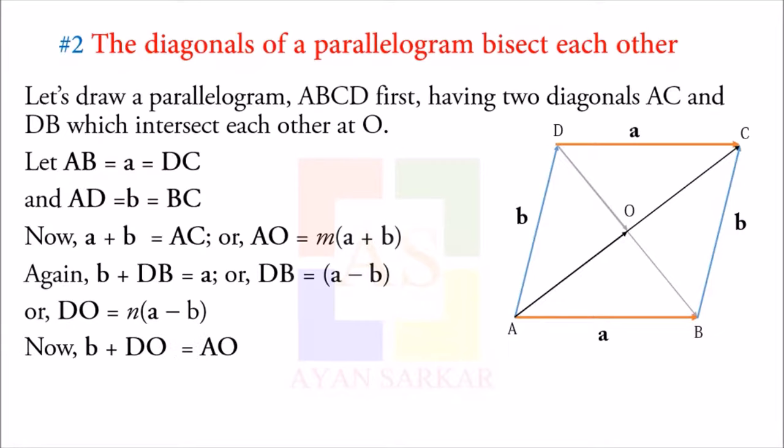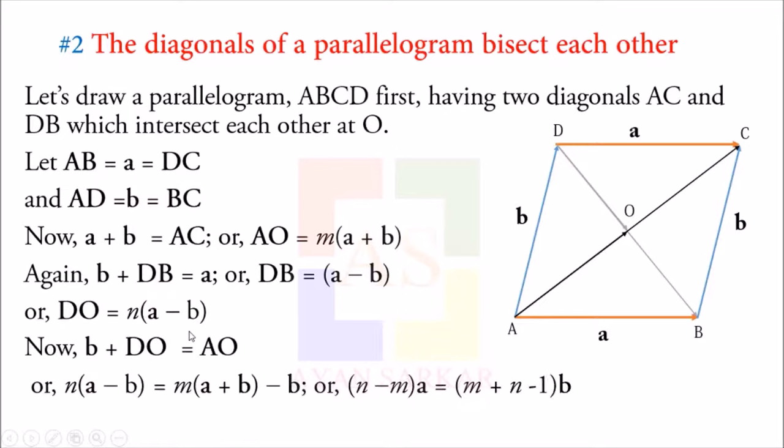Now you can see that b vector plus DO vector is equal to AO vector. So we have written that b plus DO is equal to AO. Now let's put the value of DO and AO here. So I can write n times a minus b is equal to DO vector, which is equal to AO minus b vector.